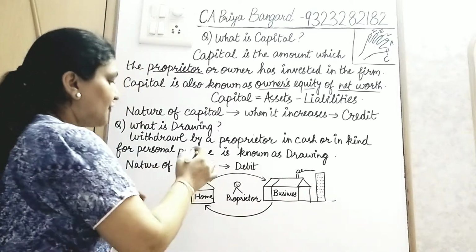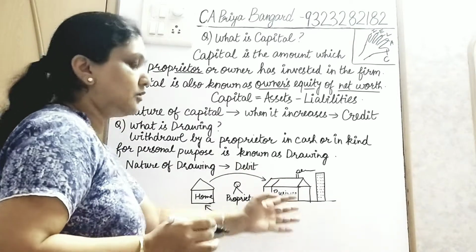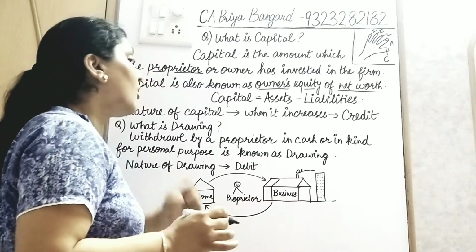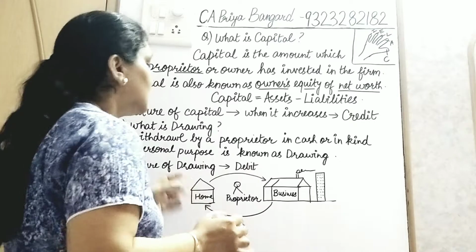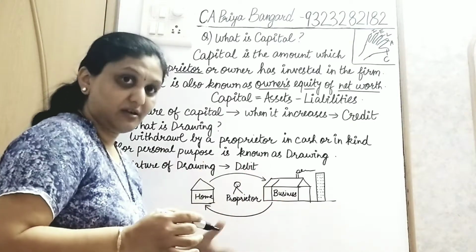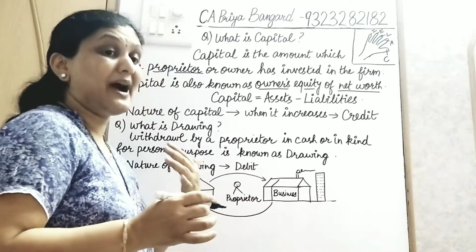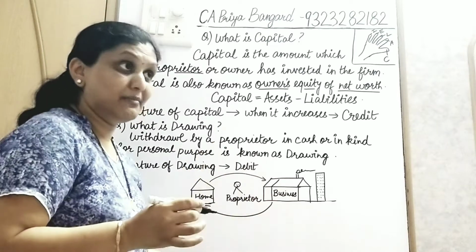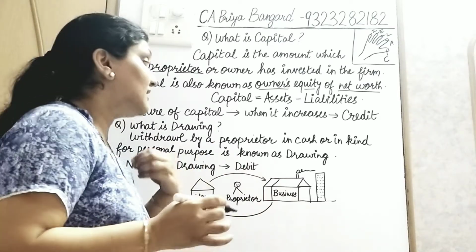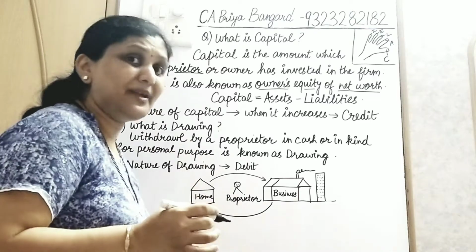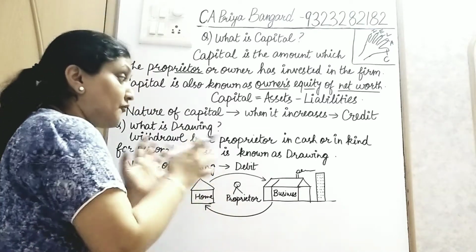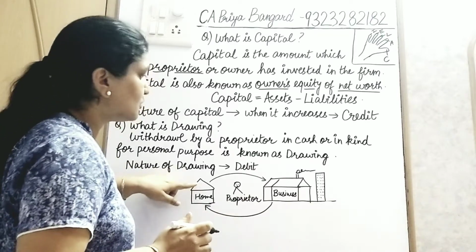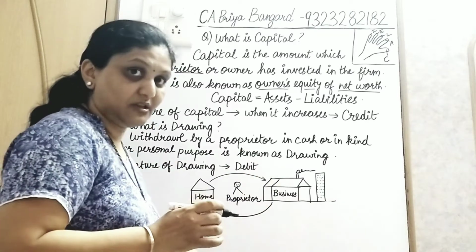Now when from your home you want to run a business, you will need capital, or money, or money's worth. What is it? You will need money to buy goods, to buy raw materials, to buy machinery, tools, then computers and printers, for so many things for which the business is running. So from home you take that amount and put it in the business.